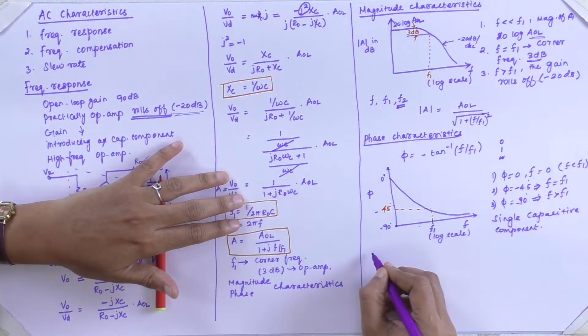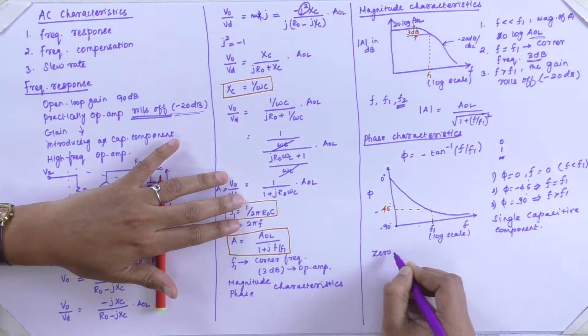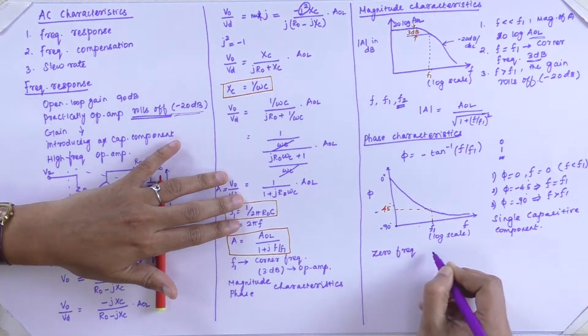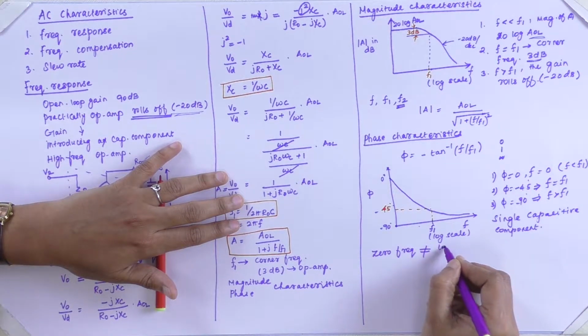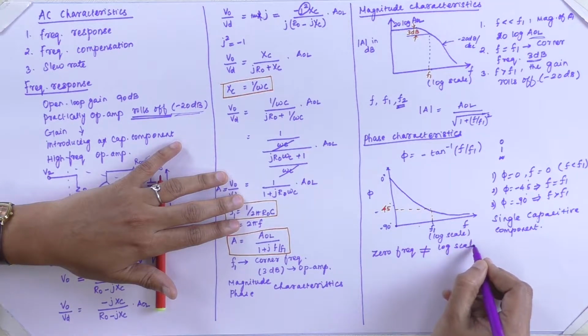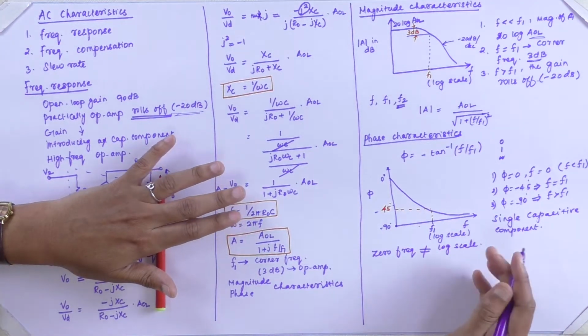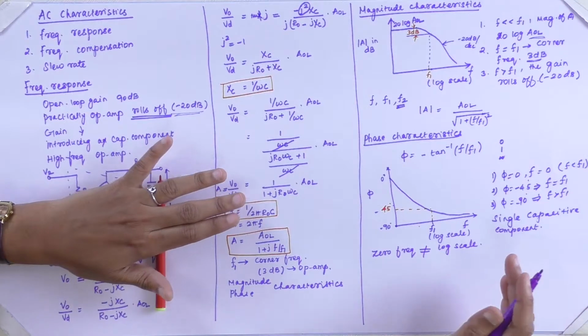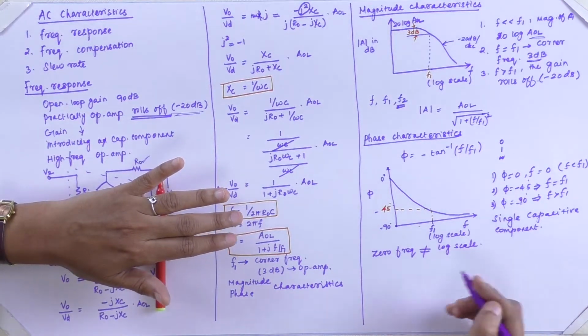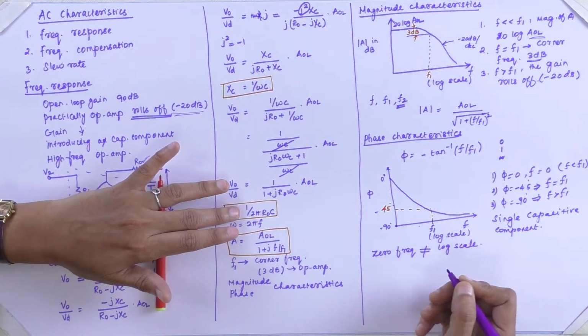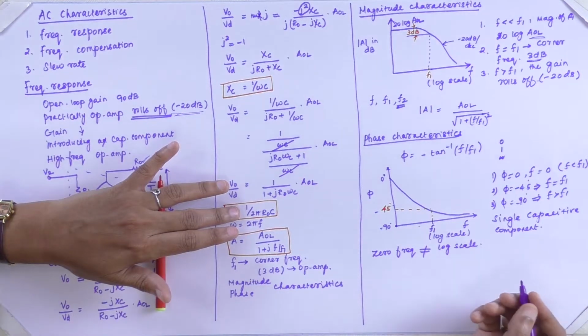So here we can't show zero frequency on the log scale. Practically, we can define zero frequency as 1 decade below the corner frequency.